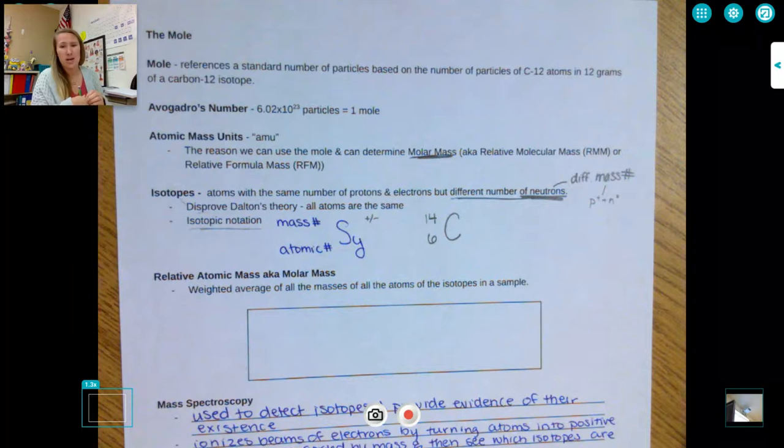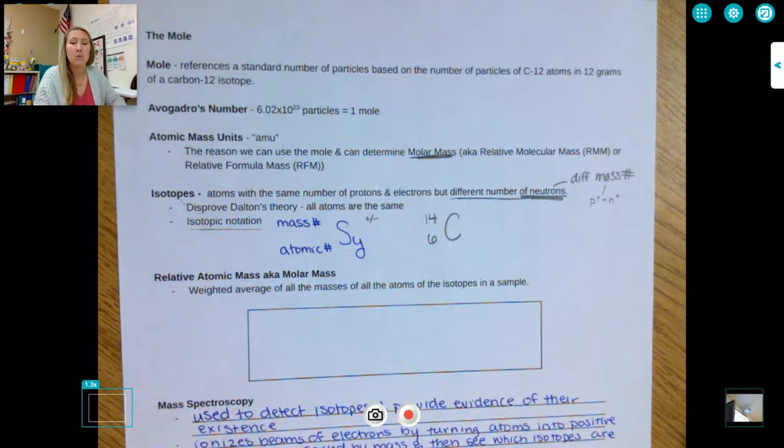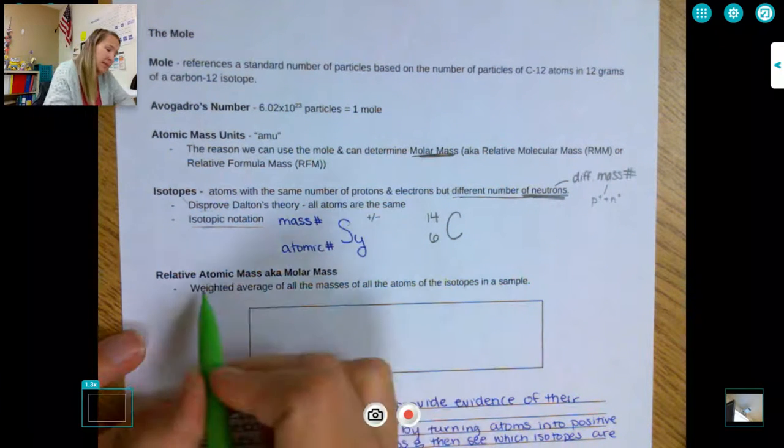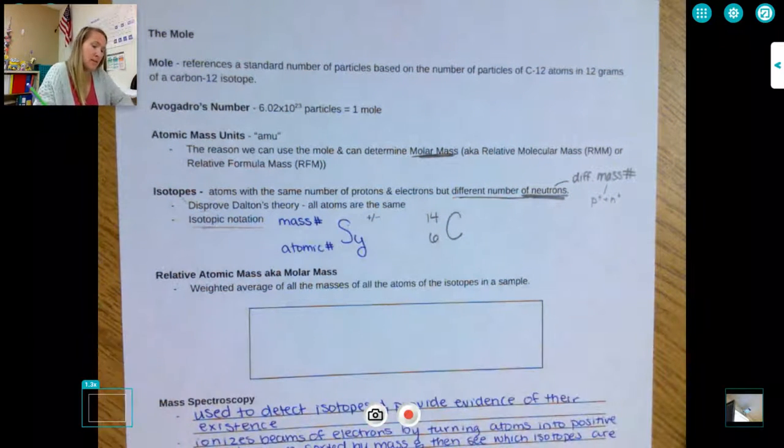And we also take into account how abundant or prevalent each one of those isotopes are. If there's more carbon 14 than carbon 11, it's going to be a heavier substance overall. And so the way that we do that is we calculate relative atomic mass, or molar mass. You have also seen this as the average atomic mass. And it's a weighted average of all the masses of the atom of the isotope in a sample.